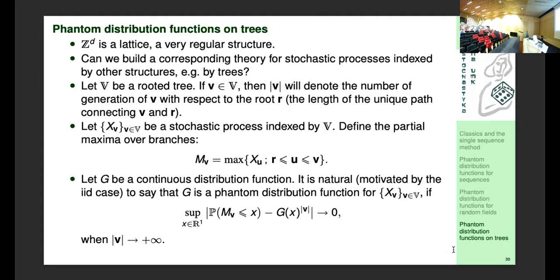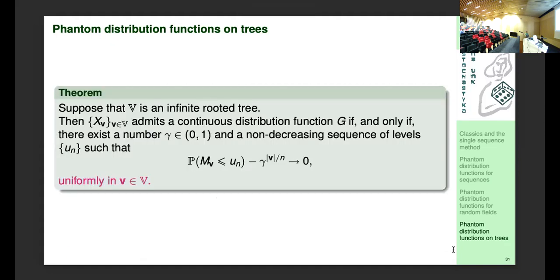But in our formulation, there is no need to consider an IID sequence or whatever. We have such a general definition. And of course, to have such a phantom distribution function, we need V to be infinite. We have such a general result.